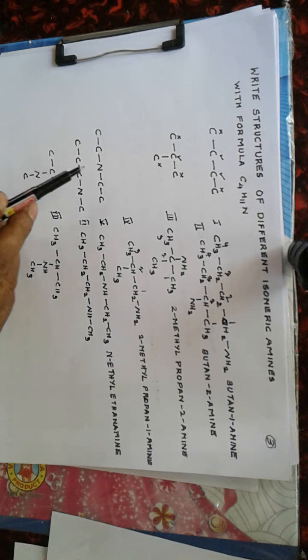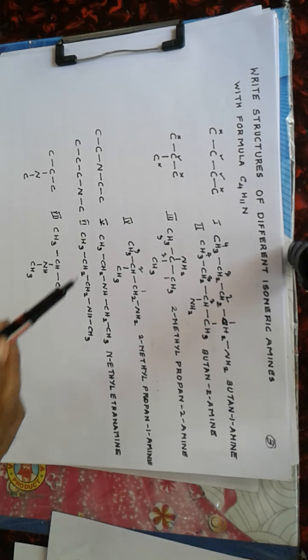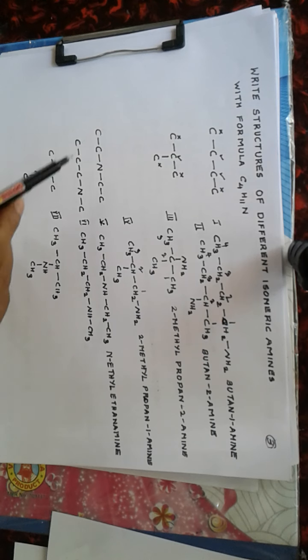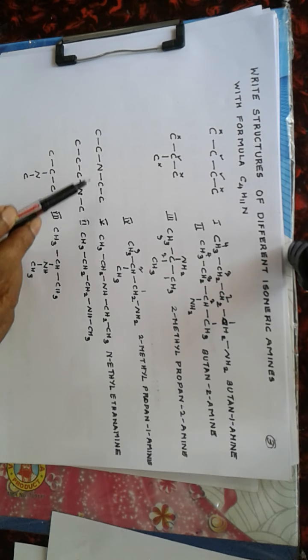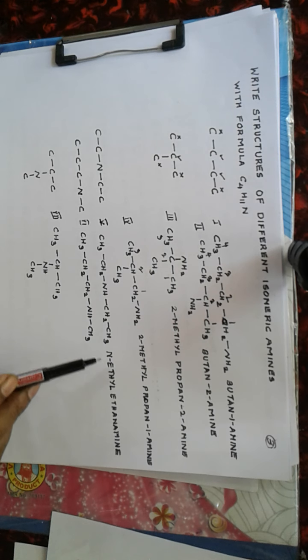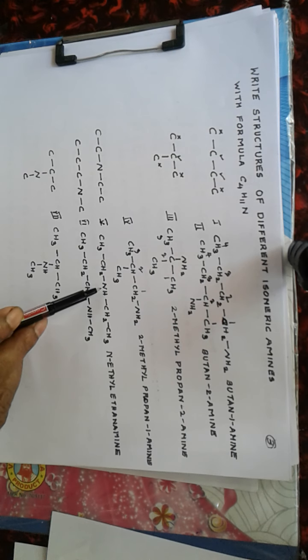Now include nitrogen also in the chain, CCNCC, then it is a secondary amine. Completing the valencies with hydrogen atoms, we get CH3CH2NHCH2CH3. It is N-ethyl, meaning the ethyl group is connected to nitrogen.